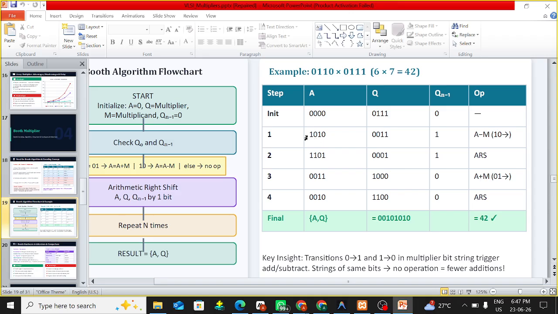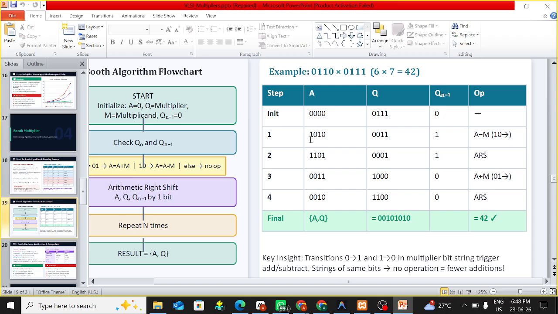Look here. Now you have what is your first bit here? 1, right? So if you do arithmetic right shift, then what you need to add? 1 here. So if you add 1 here, then your A term will become 1, 1, 0, 1, and this 0 is going to shift to Q. Then your Q will become 0, 0, 1, 1, and this last one is going to shift to Qn minus 1.